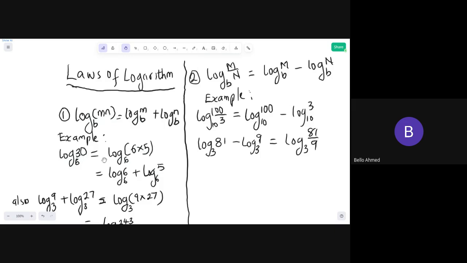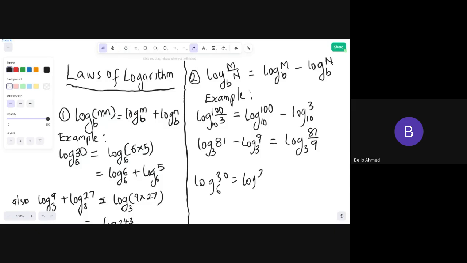And don't forget that this 30 can also be 2 times 15. So someone else can say logarithm of 2 base 6. What I'm trying to say is this: logarithm of 30 base 6 can also be like this, logarithm of 2 times 15 base 6, because 2 times 15 is also going to give us 30.